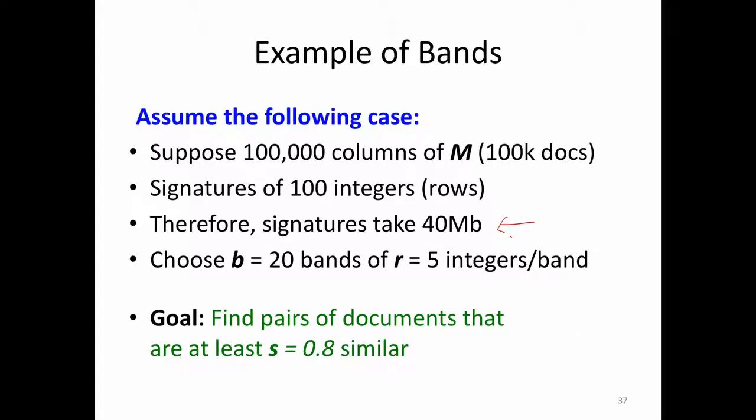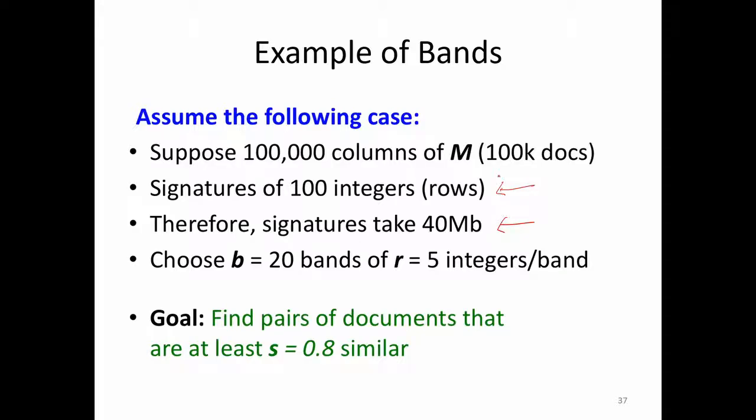This is also linear in the number of documents. You have a certain number of rows, something like 100 rows. If you increase the number of documents a lot, the space is not going to increase quadratically.